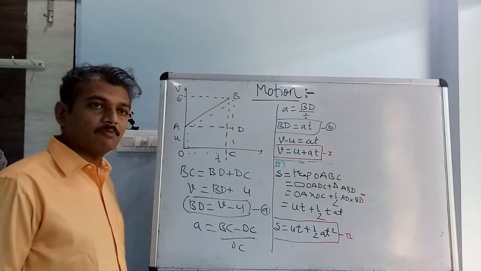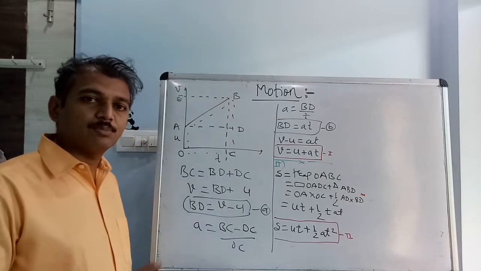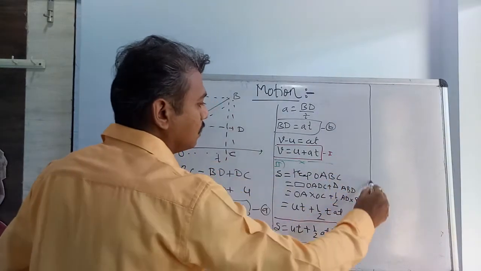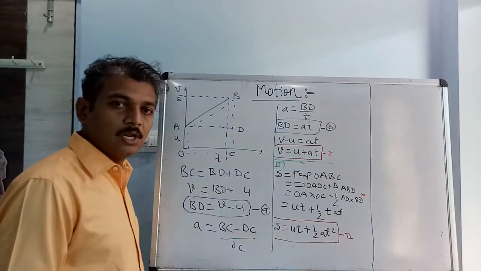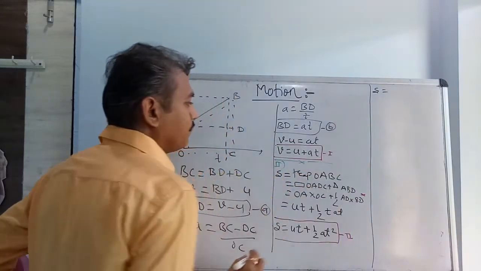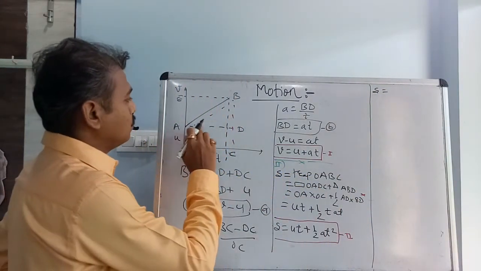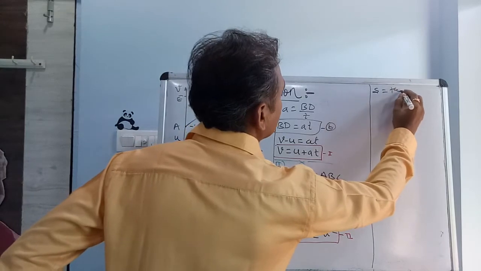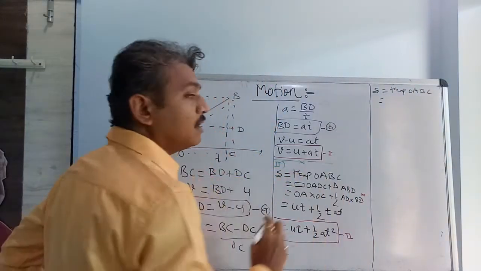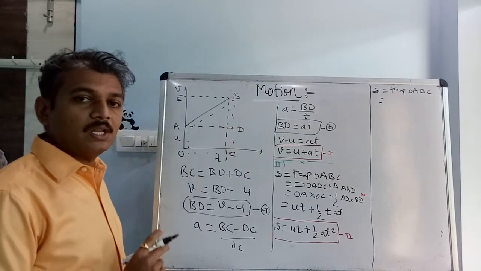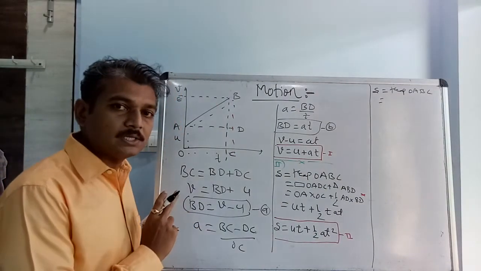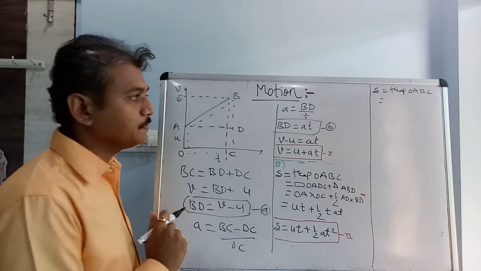First was the velocity time relation, second is the position time relation, and the third equation is the velocity position relation. So this is also position. Here we are considering trapezium OABC. The area of a trapezium is half the sum of parallel sides into height.